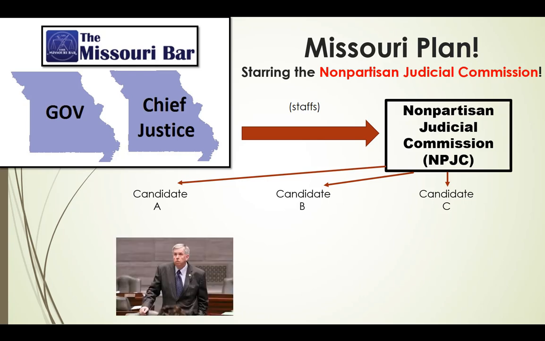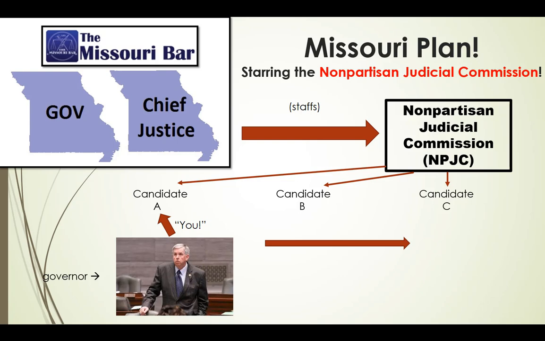And then the governor, that's Governor Parsons there, is in charge of picking the one he or she likes. In this case, I guess he says, "Hey, you, candidate A, I would like you to be the judge, please." It is also possible for the governor to reject all 3, in which case the NPJC would have to introduce 3 more.